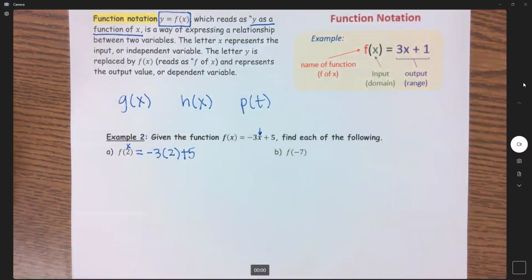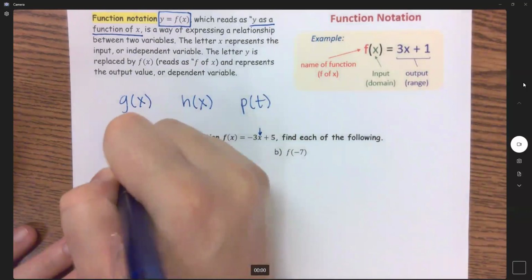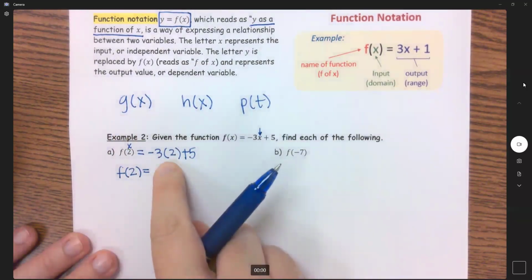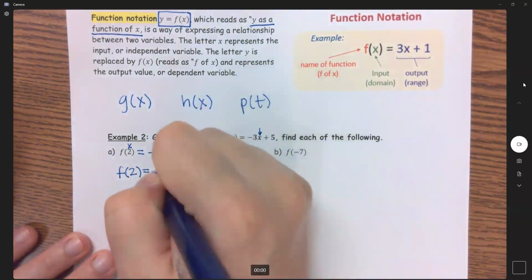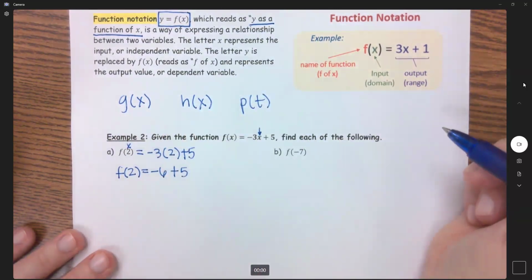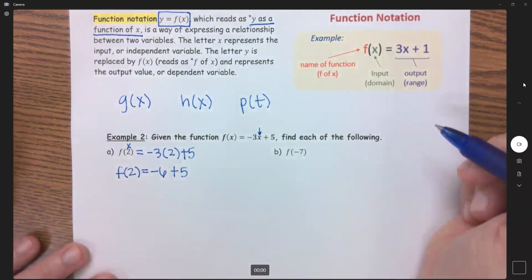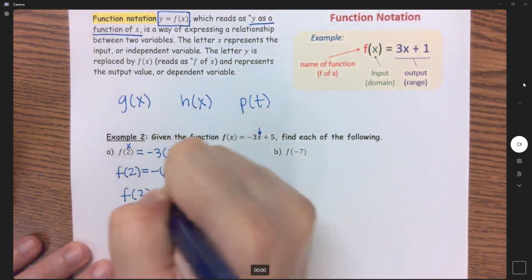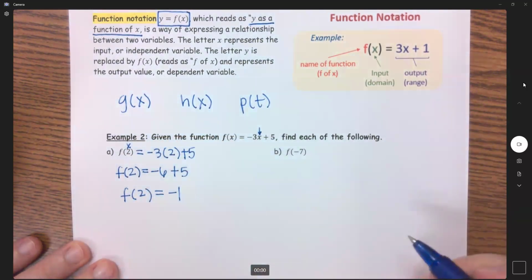Now, honestly, you can put that in your calculator just the way it looks and evaluate it, or you can use your order of operations, which says we multiply first. So negative 3 times 2 is negative 6, and negative 6 plus 5 gives me negative 1. So we have f of 2 equals negative 1.